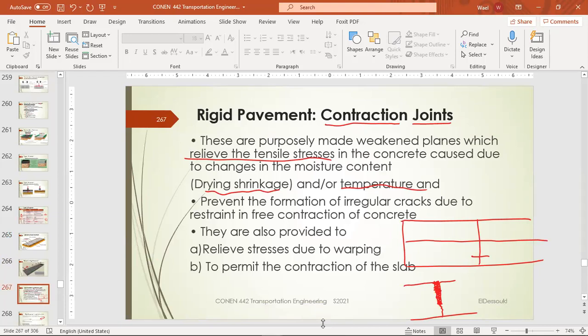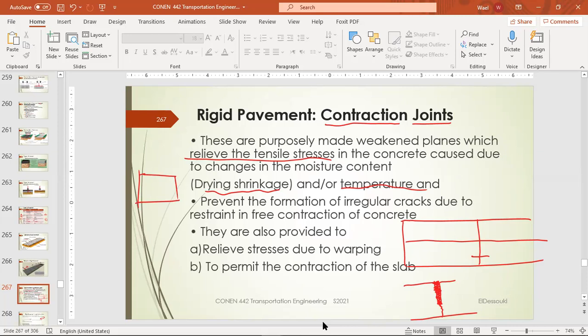Now, as we mentioned, we have joints in the rigid pavement. So we start with the contraction joints. These contraction joints are made on purpose to create weakened points to limit the cracking of the concrete to these points. You have studied concrete, and you know that after we pour the concrete, there is shrinkage that happens.